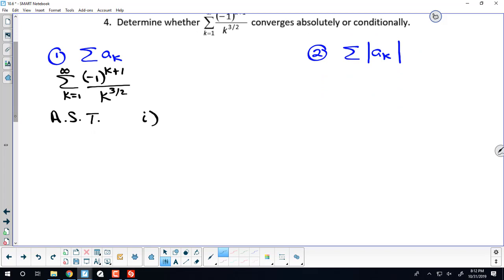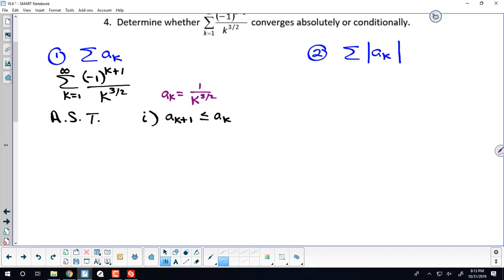So here, condition 1 is a sub k plus 1 less than or equal to a sub k. What is a sub k for this alternating series? 1 over k to the 3/2. Yeah, 1 over k to the 3/2.